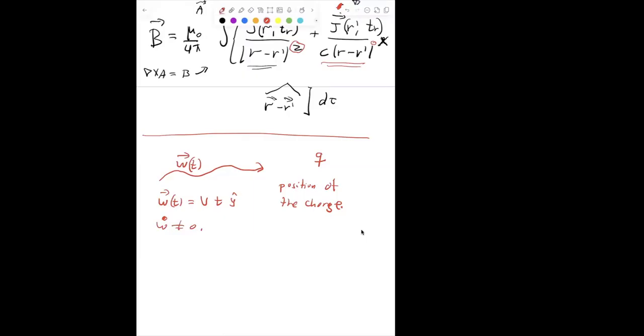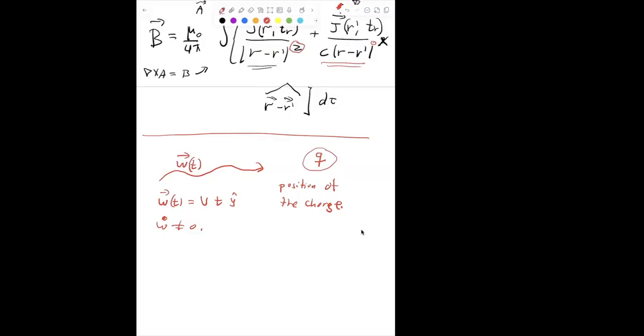So both A and V are needed for the calculation. It's not like the other problem, because here we have a charge. In the first problem, we had a neutral wire, and then there was no rho. Here, we cannot do that.